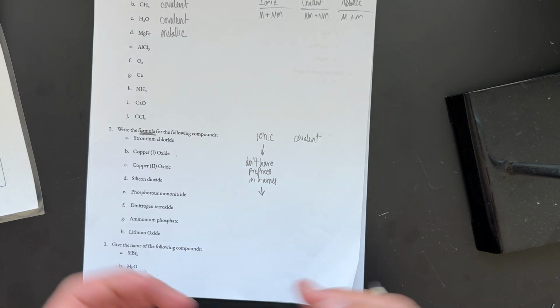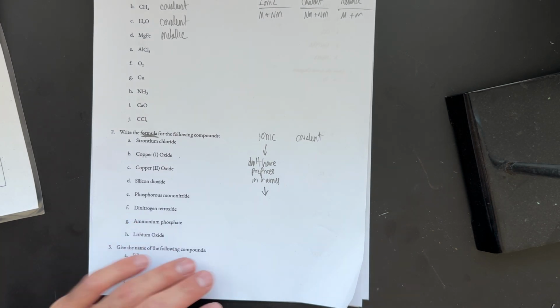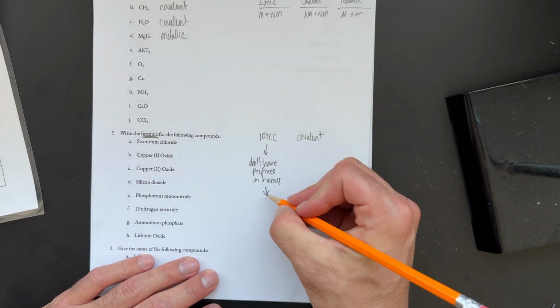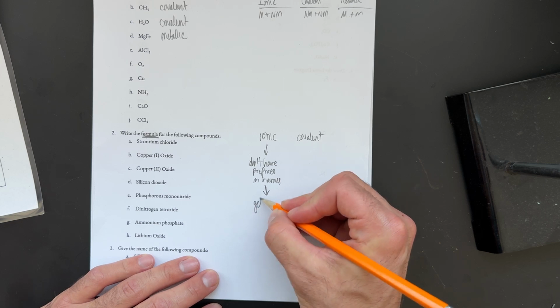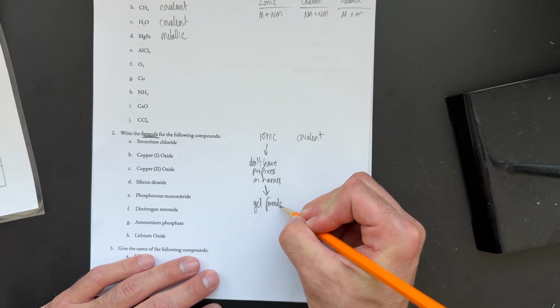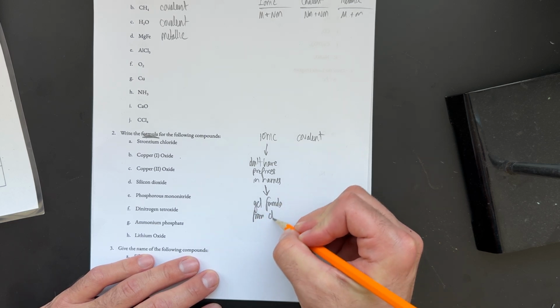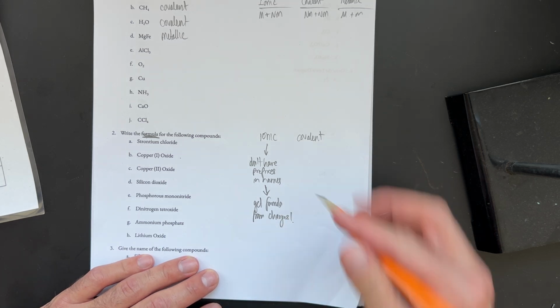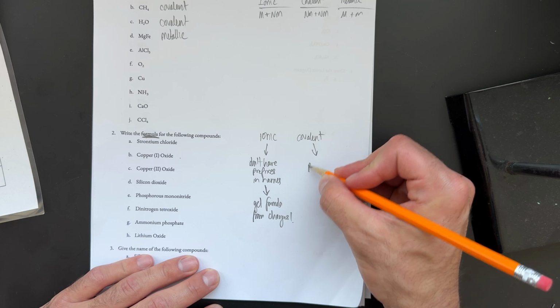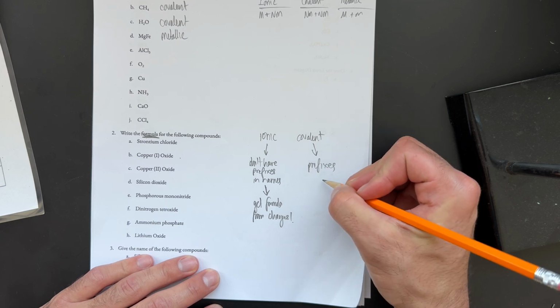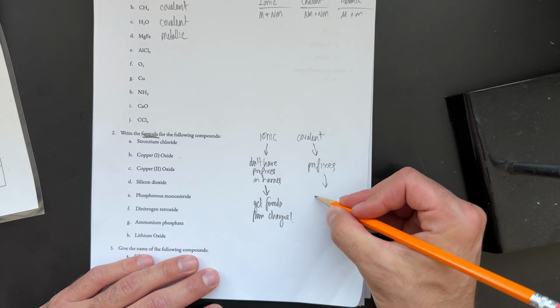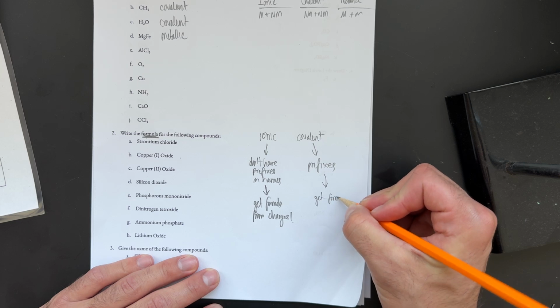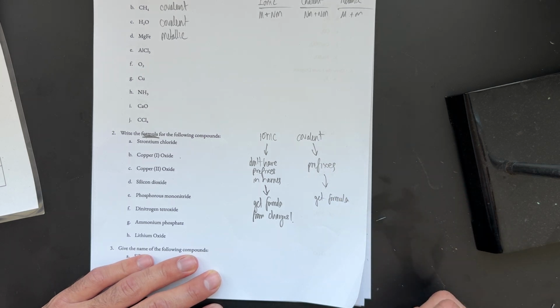And so you determine the formula from the charges. You have to determine charges to get the formula. Versus for covalent, you're going to have prefixes, and you can use the prefixes to get the formula.